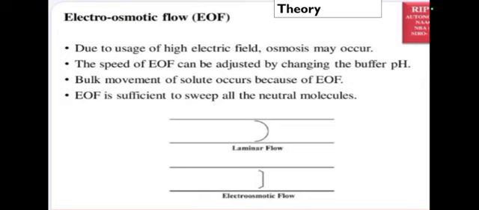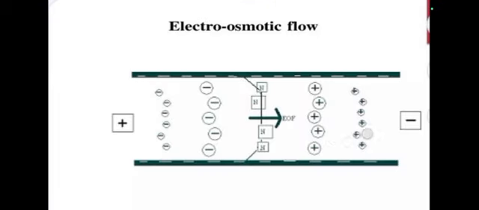The speed of electroosmotic flow can be adjusted by changing the buffer pH. The bulk movement of solute occurs because of electroosmotic flow. Electroosmotic flow is sufficient to sweep all the neutral molecules. This is the theory of electroosmotic flow.